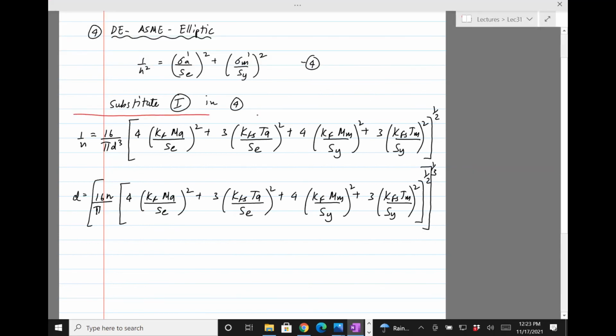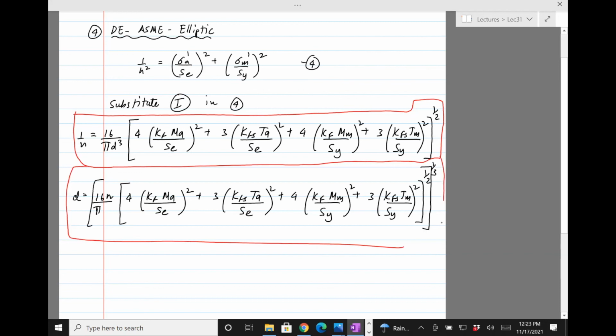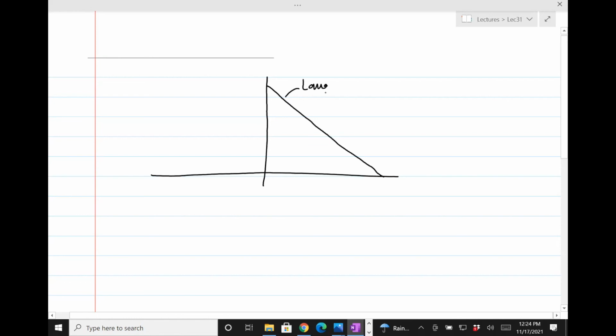Okay, so this is 1. This is the second one. Here, or the Langer line. And then we had these different criteria.